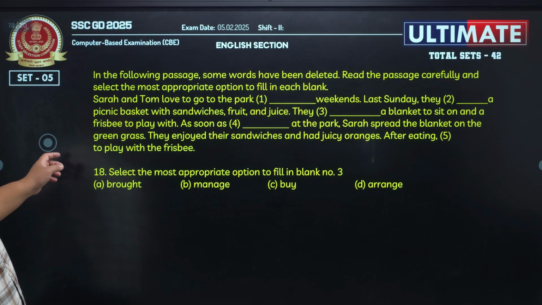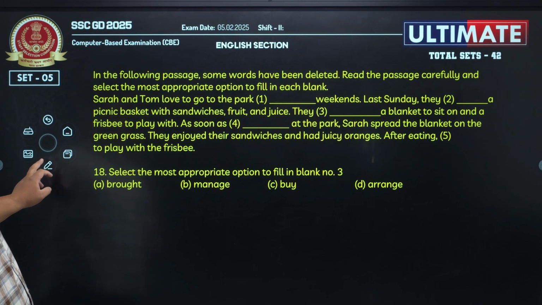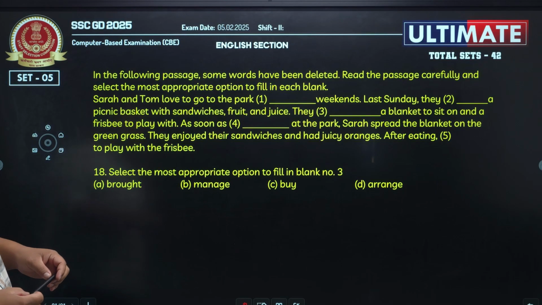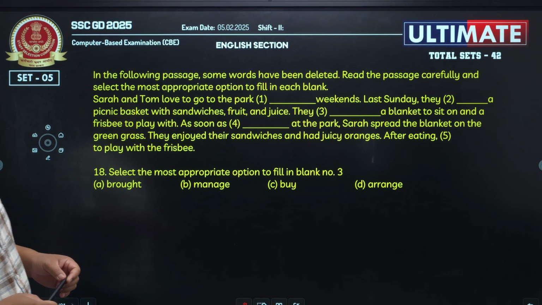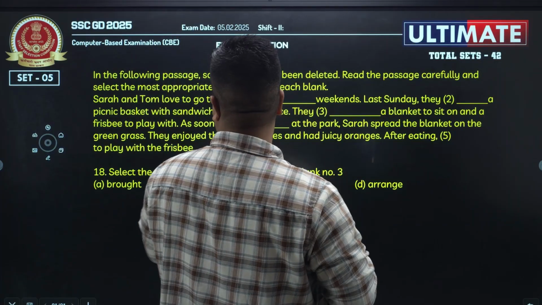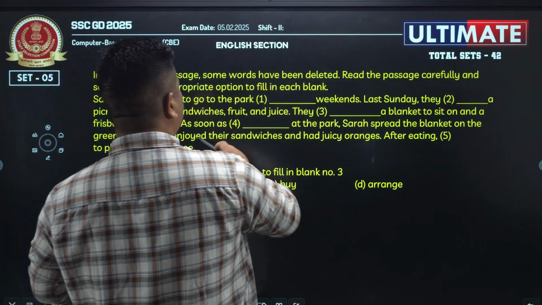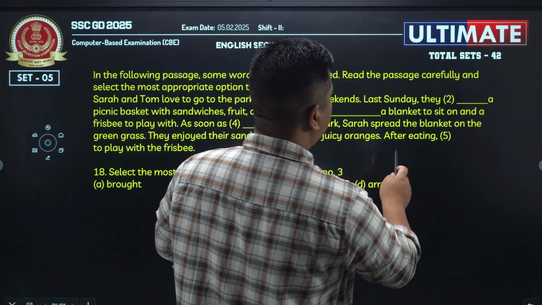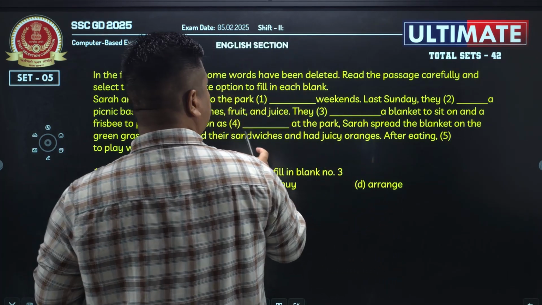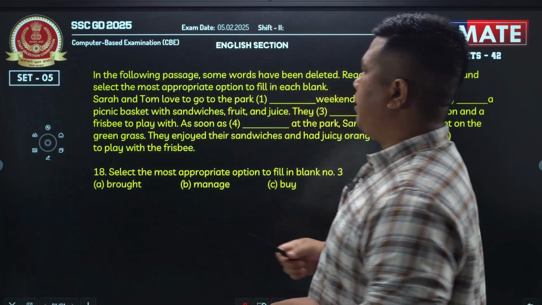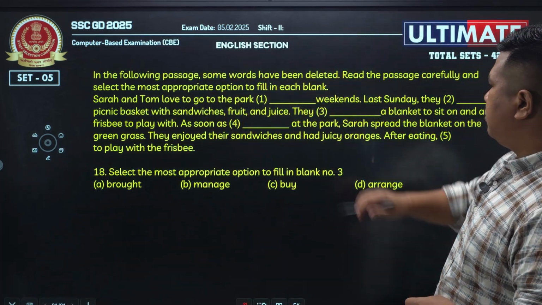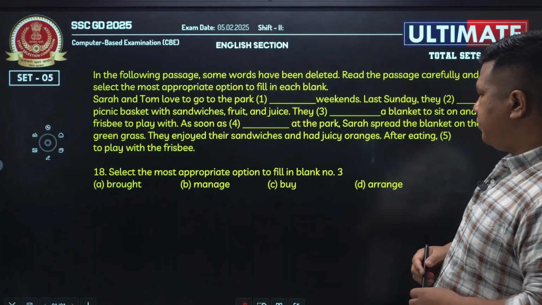They dash a blanket to sit on and a frisbee to play with. They what? Past tense. They packed a picnic basket. Past tense. So they dash a blanket to sit on.